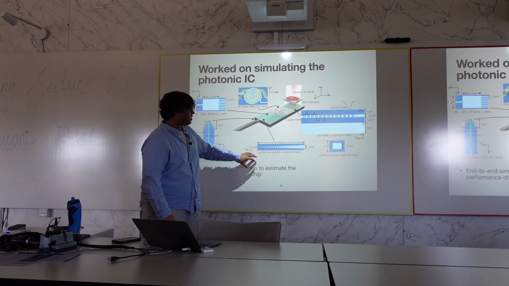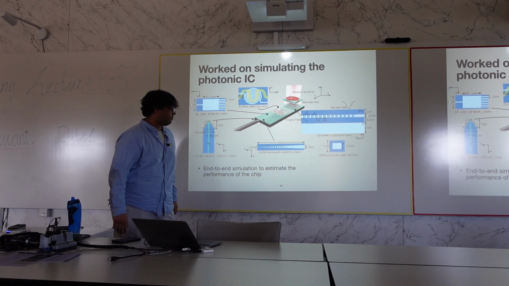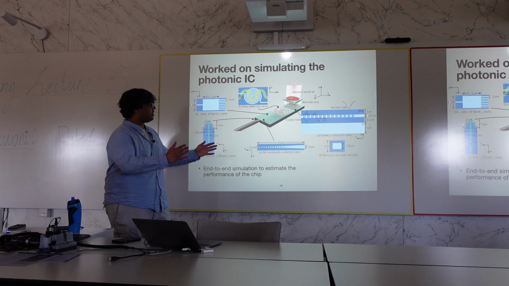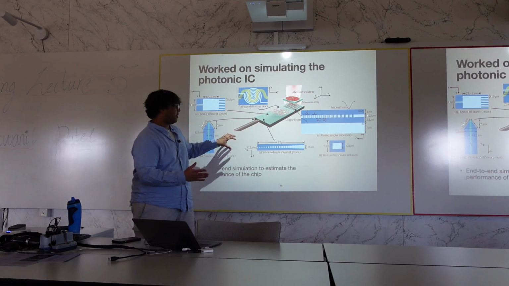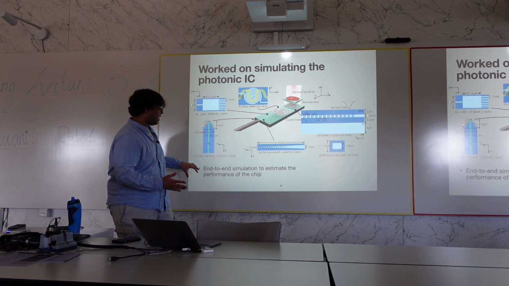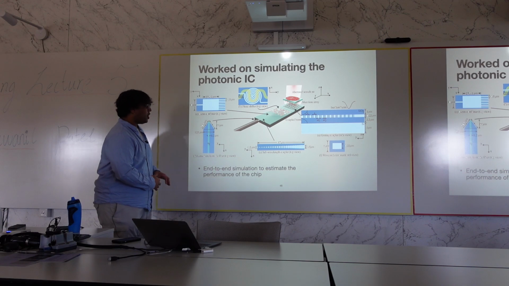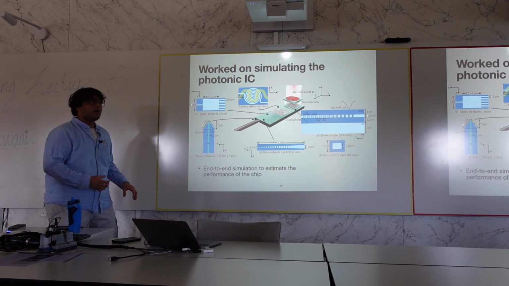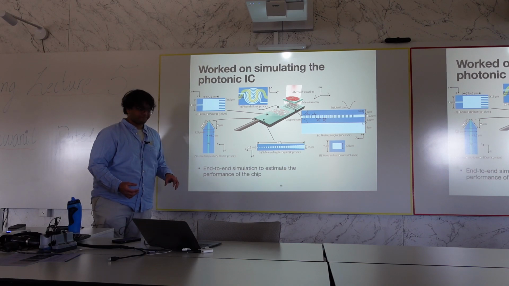It also uses sub-wavelength waveguides to increase the size of the light so that you can couple it into optical fibers. So what I did was basically end-to-end simulations of each of these components of your photonic chip and estimate the performance.